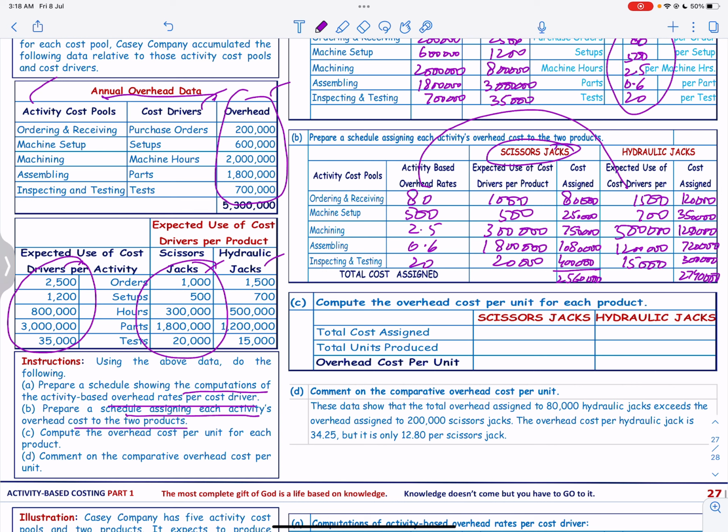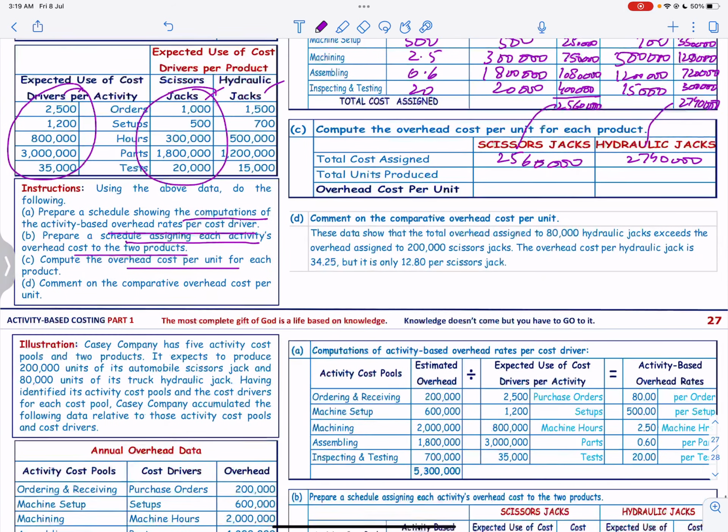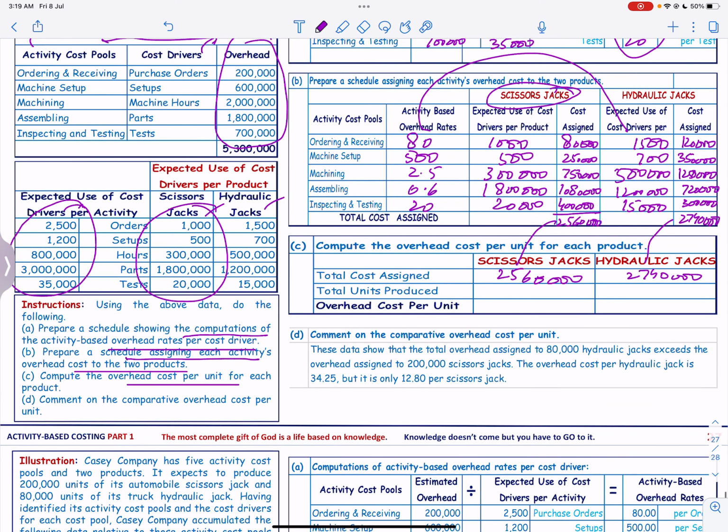We move on to number C. They say compute the overhead cost per unit for each. So we have per unit. Okay, so we have the total cost for scissors, 2,560,000, and for hydraulic jacks 2,740,000. The total units produced are 200,000 and 80,000.